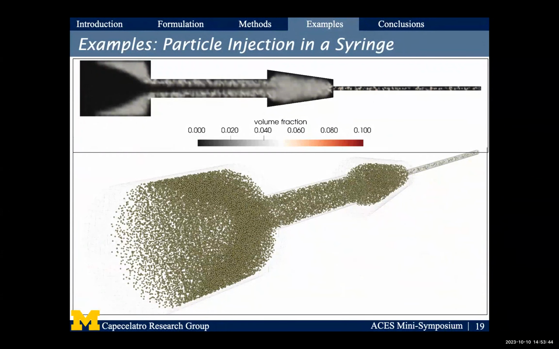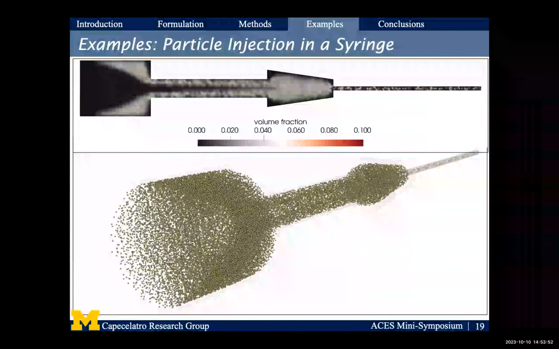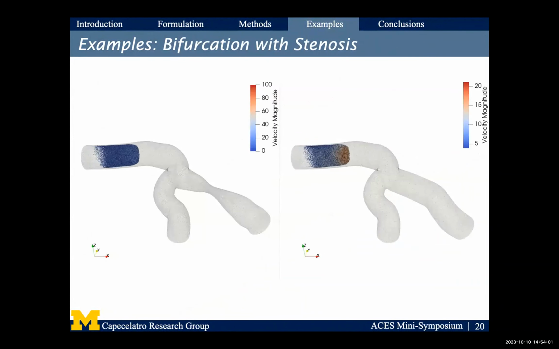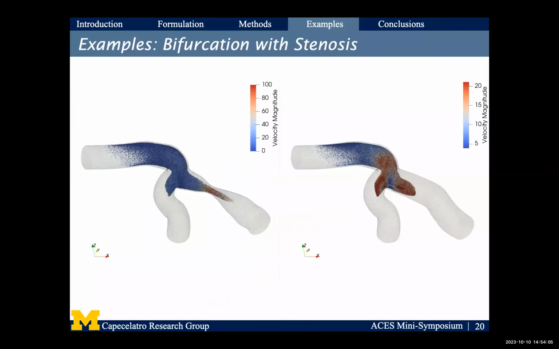Meaning the actual application they care about has upwards of 100 million individual particles. They're seeing a lot of interesting instabilities and dynamics that we're going to try to reproduce. And so we have a new project with them that's going to make use of this code. And this is sort of a final example case where we have a stenosis.